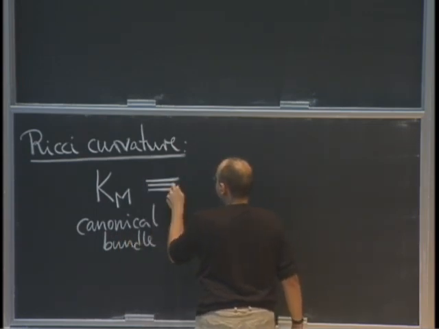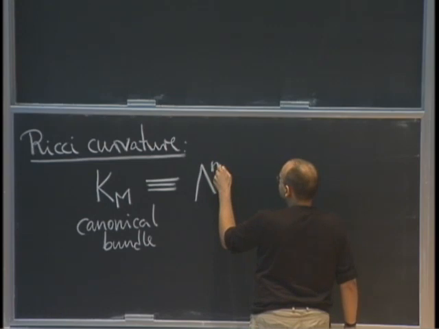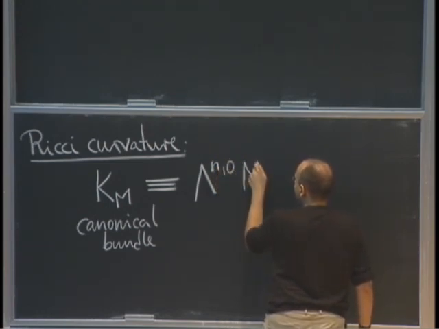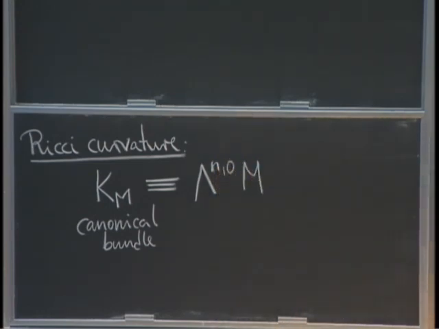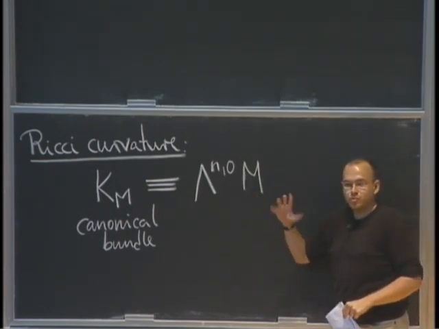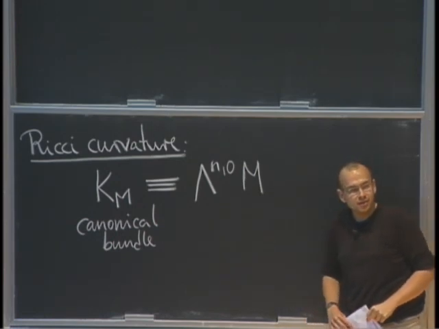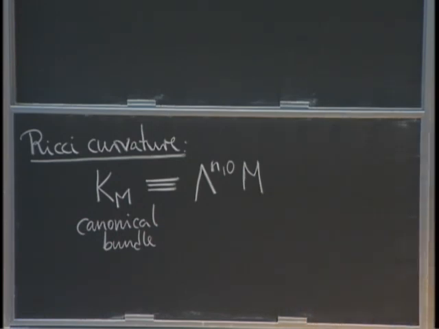By definition, that's the bundle of n,0 forms on M. And that's a complex line bundle because at a point I only have one choice of an n,0 form up to a complex scale, so just the wedge product of the complex coordinate forms. So that's a holomorphic line bundle.